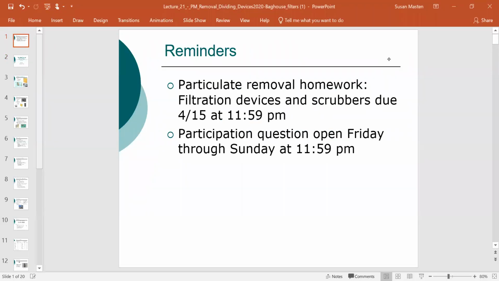A couple reminders in terms of work that's due. The particulate removal homework on filtration devices and scrubbers is due next Wednesday. So there's homework due tonight. I should have left that on there because today's the 8th. So you've got homework due tonight on gravity settlers, centrifugal separators, and ESPs.